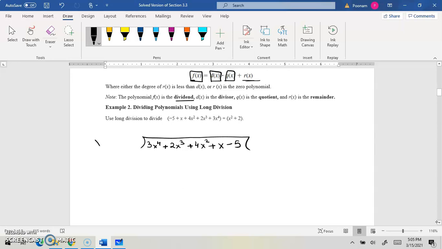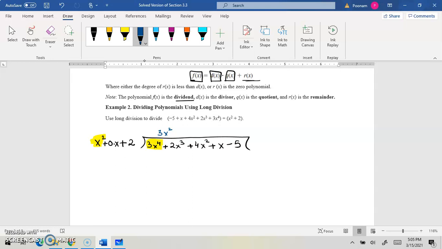So I have to write x square plus 0 times x plus 2. Okay. So you have to check what to multiply x square with to get 3x raised to power 4. I think that would be 3x square to multiply with x square to get 3x raised to power 4.